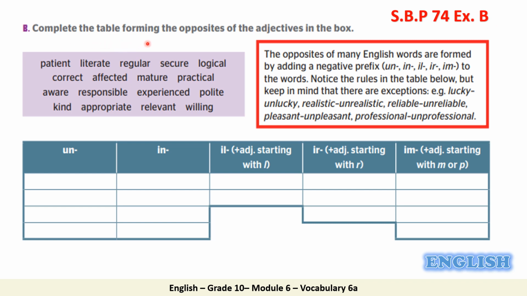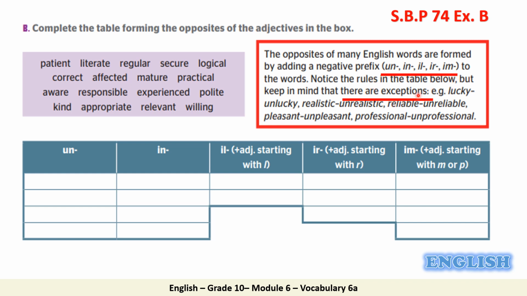Now, let's go to your student book, page 74, exercise B. Complete the table forming the opposites of the adjectives in the box. And here I have some adjectives. I want you to put each adjective under the correct prefix to give the opposite of this adjective. And remember the rules well, that the opposites of many English words are formed by adding a negative prefix, like un, in, il, ir, and im.